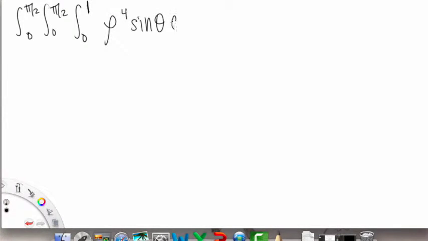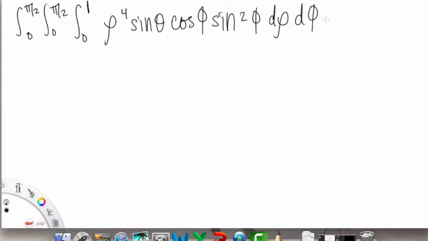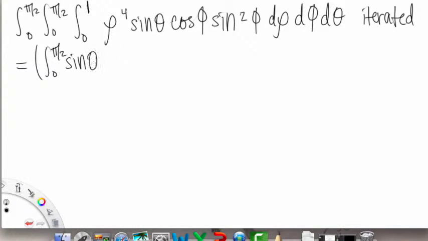Then we have a cosine phi sine squared phi, and then our differentials, d phi, d theta. At this point, this is iterated, so we can break it up into the 3 different sets of parentheses. We'll start with the theta ones. They're pretty simple, right?